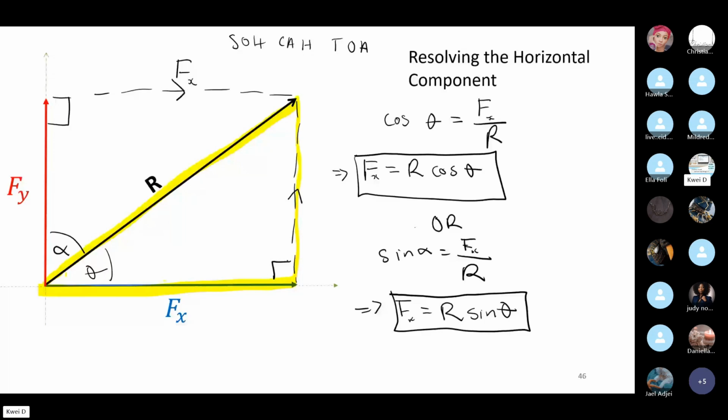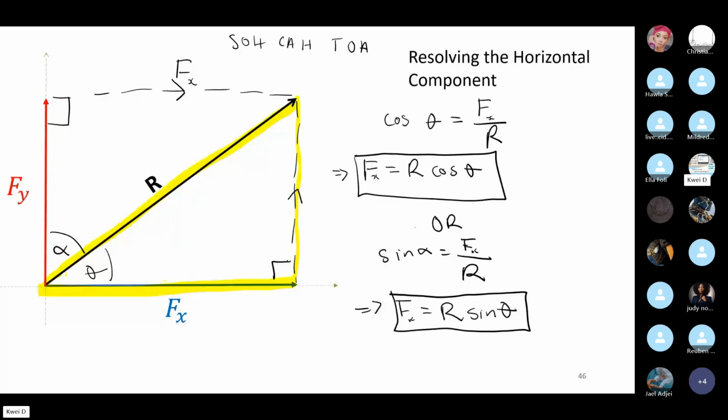All right, so this is basically a summary of the whole thing. So we had this for the vertical components, y is equal to r. All right, so let's take an example.